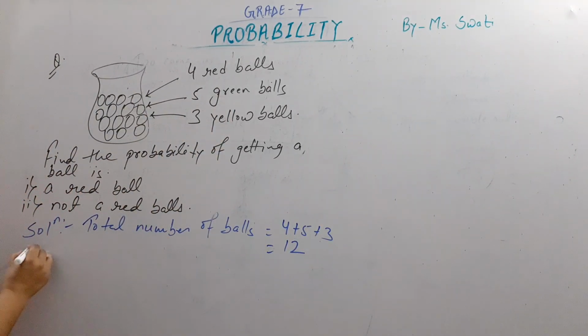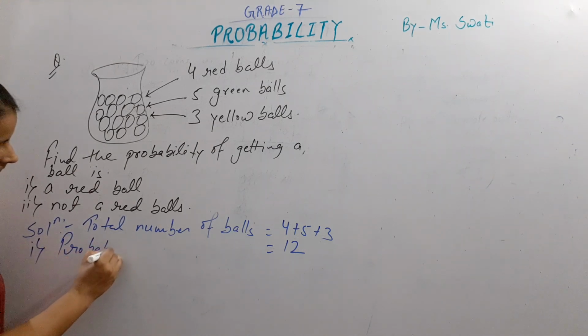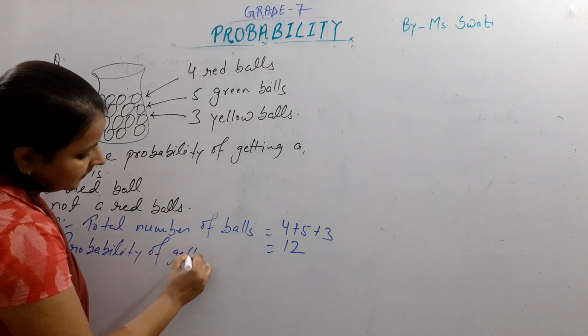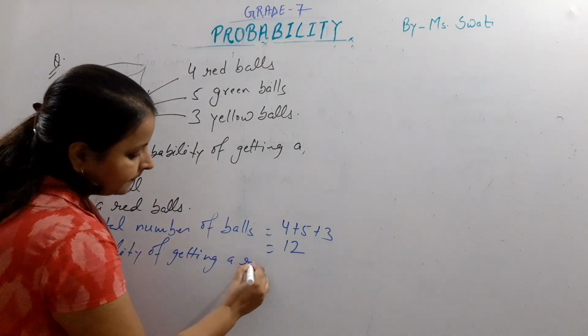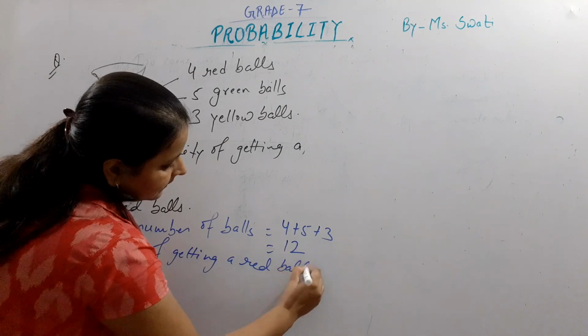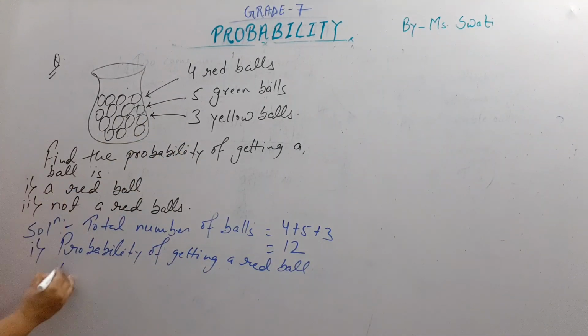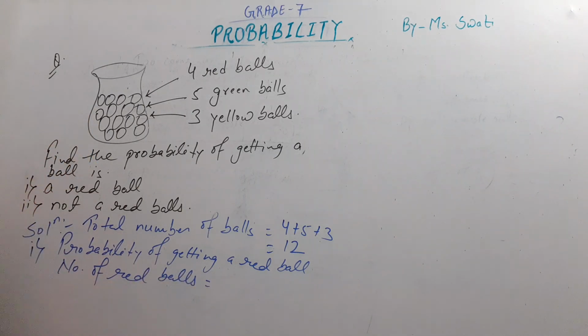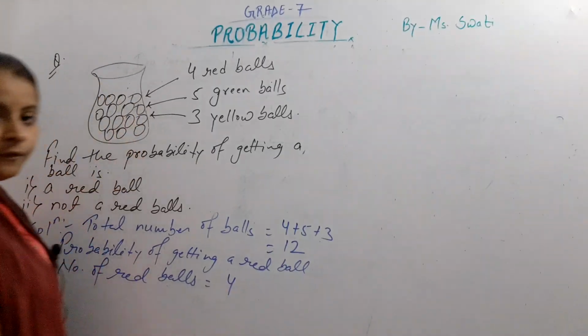Now what we have to find out first? Probability of getting a red ball. Okay. So number of red balls here is equal to 4.